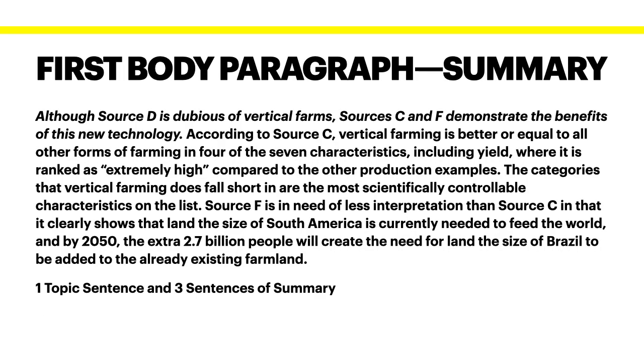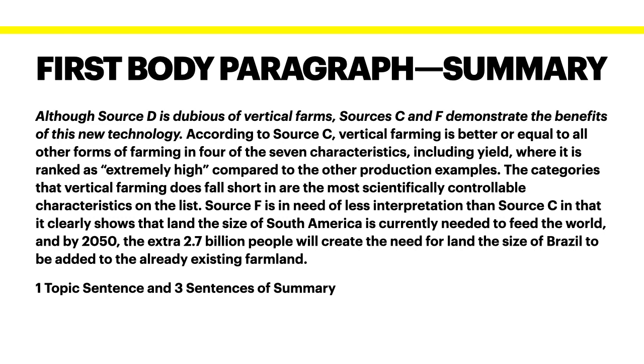So my first body paragraph summary, again, here's that subordinate conjunction: although source D is dubious of vertical farms, sources C and F demonstrate the benefits of this new technology. So obviously I'm going to compare sources C and F. This is just the beginning of the introduction.